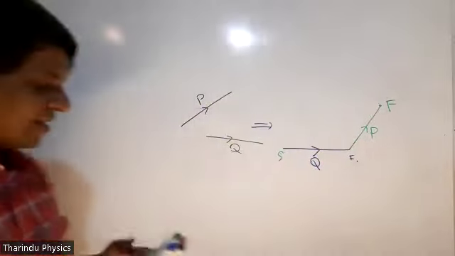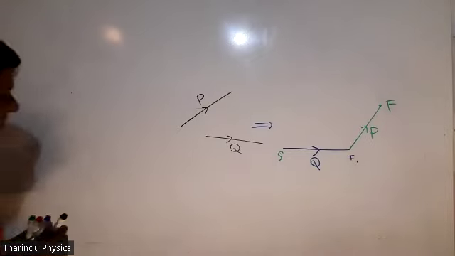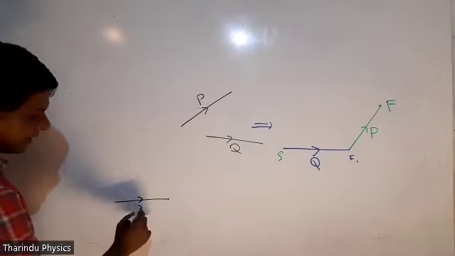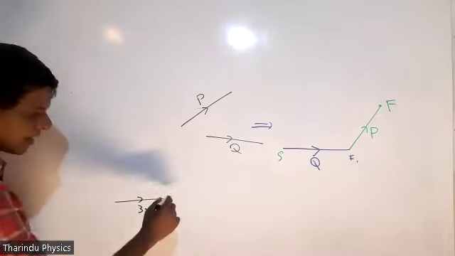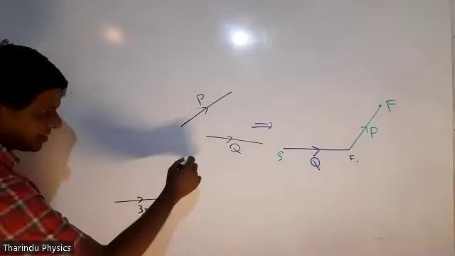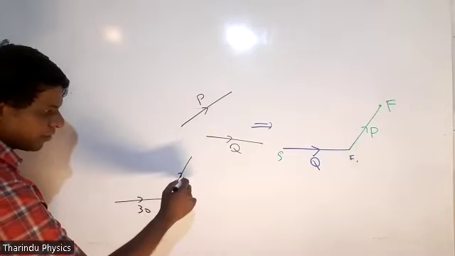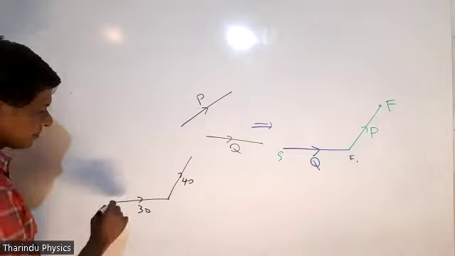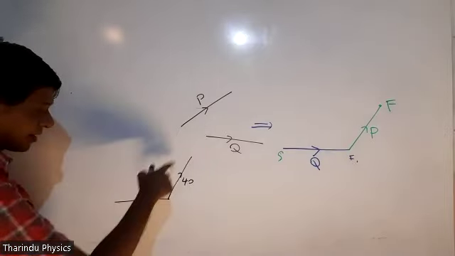Let me give you an example. You walk 30 meters and turn in a certain direction like this. You walk another 40 meters, and you are marking this on the ground.